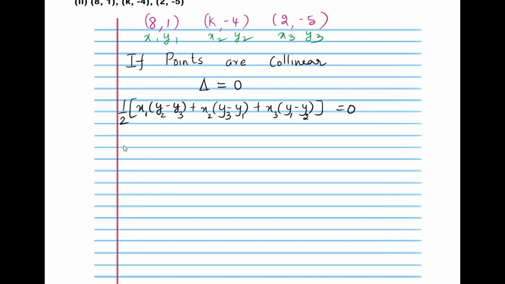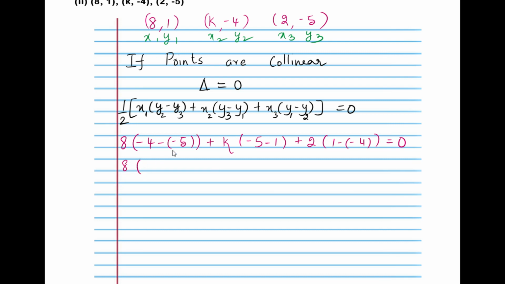Therefore, what is x1? x1 is 8 into y2 is minus 4, y3 is minus 5, minus of minus 5, plus x2 is what? k, y3 is minus 5, minus y1 is 1, plus x3 is 2, y1 is 1, y2 is minus of minus 4 equals 0.